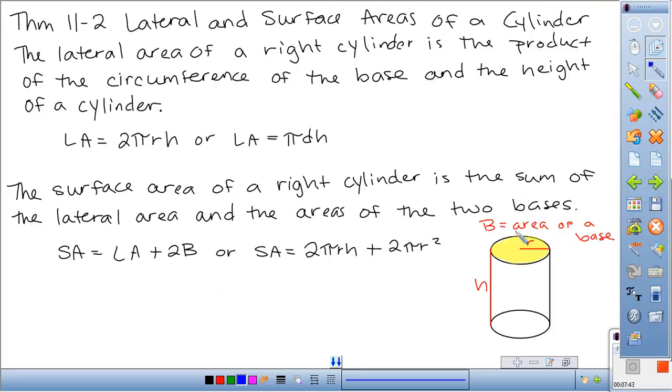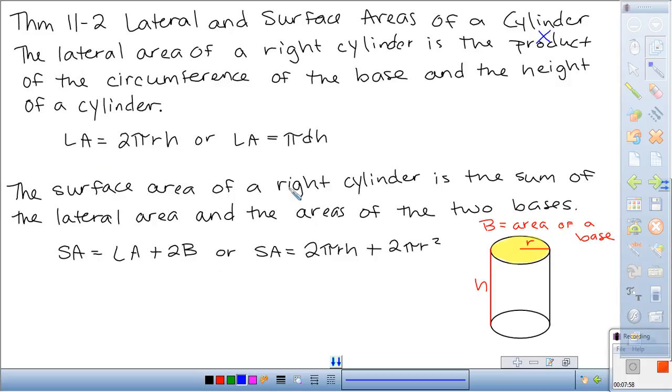Let's put that into terms of your theorems. It says the lateral area of a right cylinder is the product, meaning multiply, of the circumference of the base and the height of a cylinder. This is exactly what we just talked about. We just explained it a little more in depth. But here are those two formulas again for lateral area.